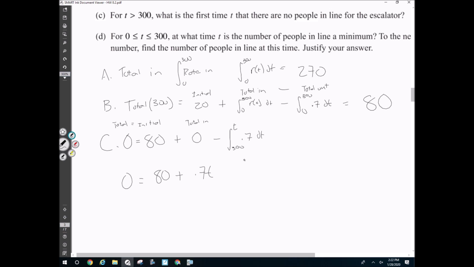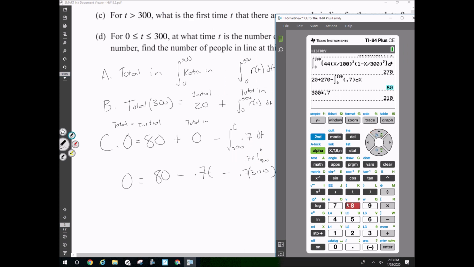Like the antiderivative of this is 0.7x from 300 to t, so this would be 0.7t, and then minus, and I'm subtracting this. I hope you guys did this different ways. I hope this isn't confusing you. Using your calculator.